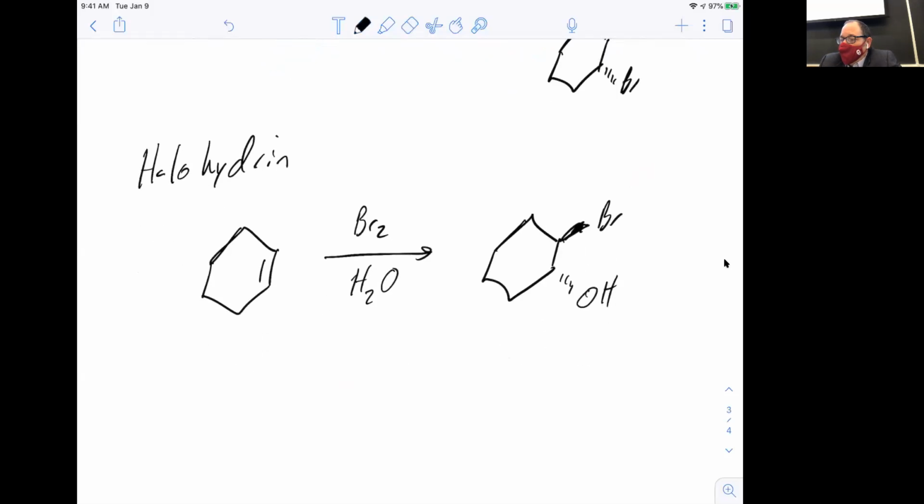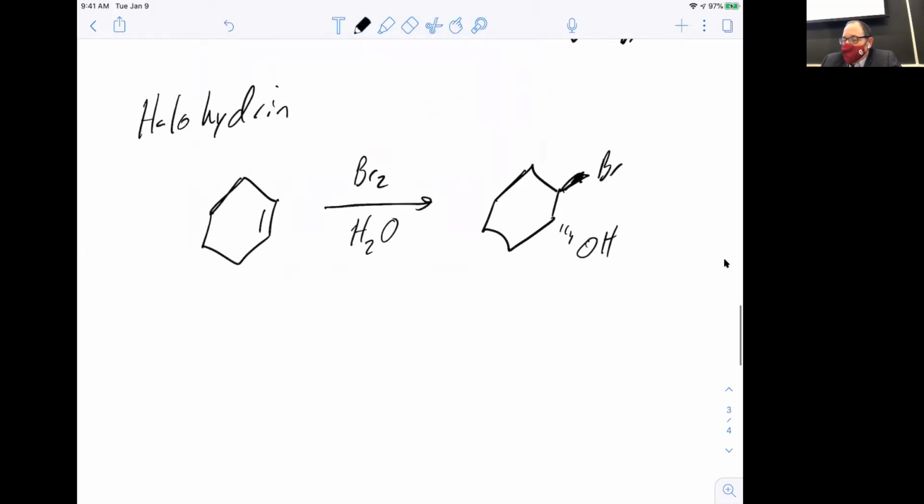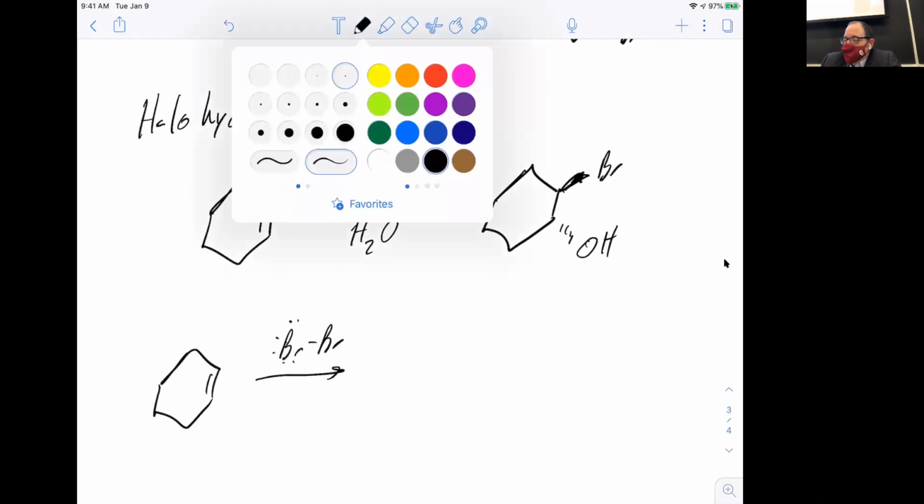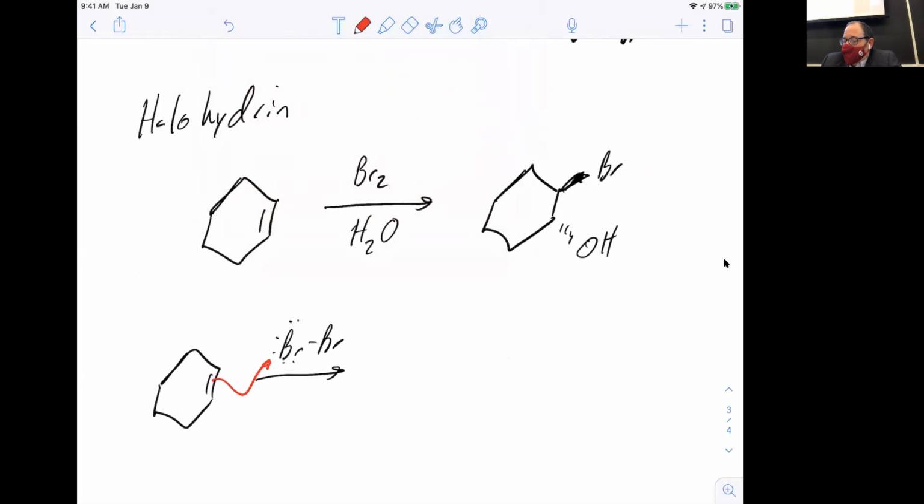Well, it's similar to the previous mechanism. It's just the second step. We have a different nucleophile. So nucleophile attacks bromide.